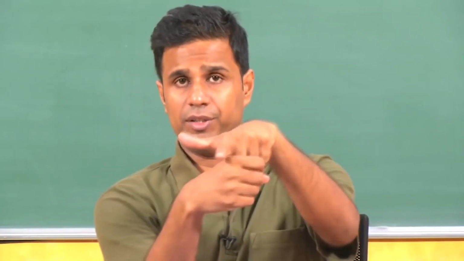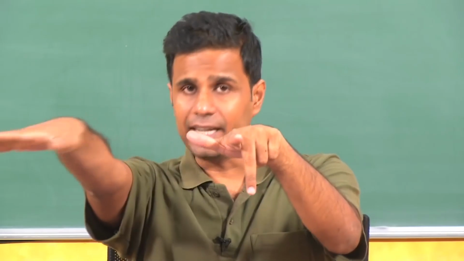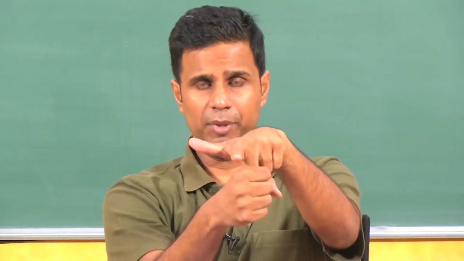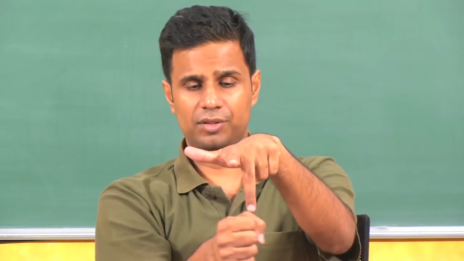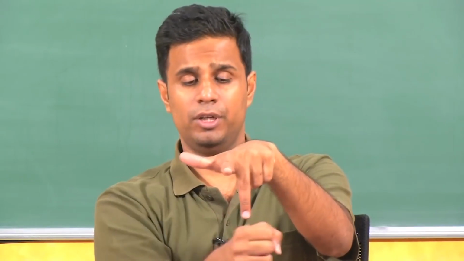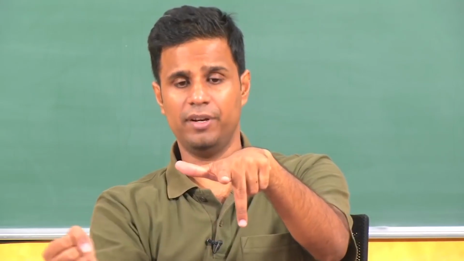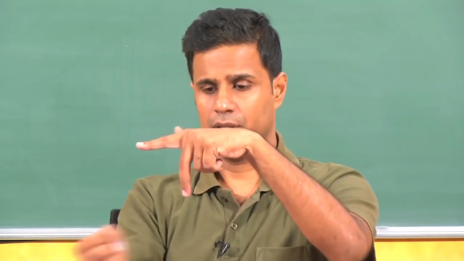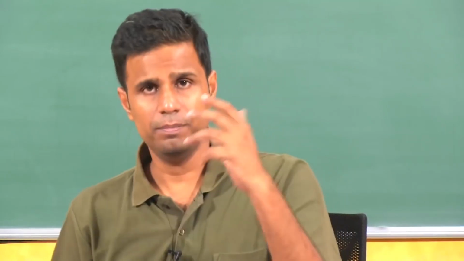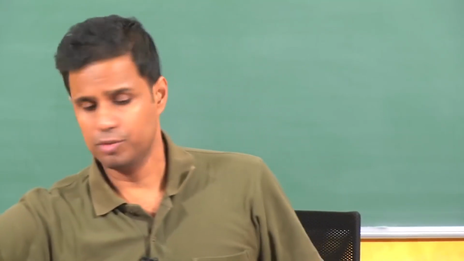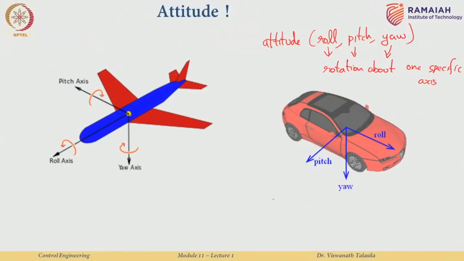The final one is a rotation about the z axis, this is actually the heading or the yaw. You keep it over here and you ask the plane to change the direction to the right. So, it rotates to the right, or to the left, about this axis. So, that is roll, pitch and yaw, and you can see the small illustration over here.